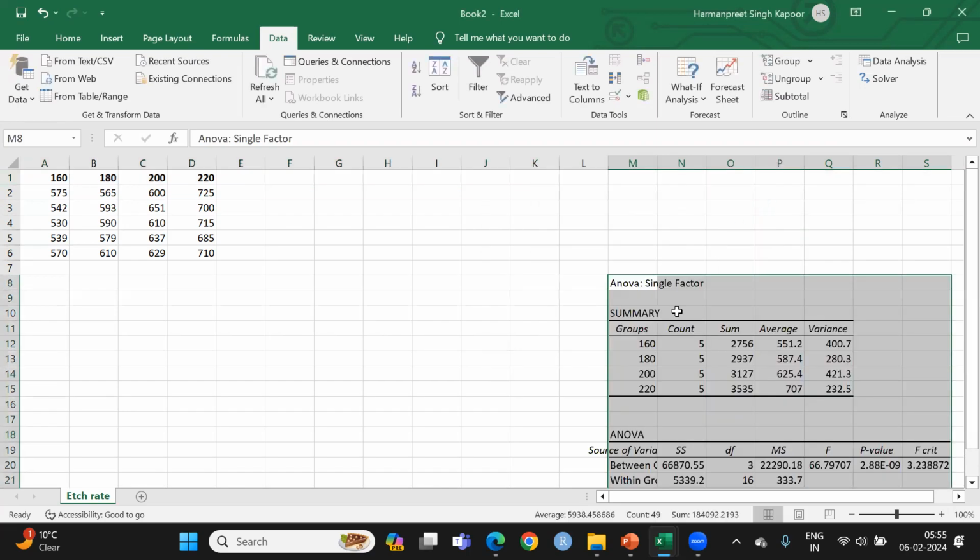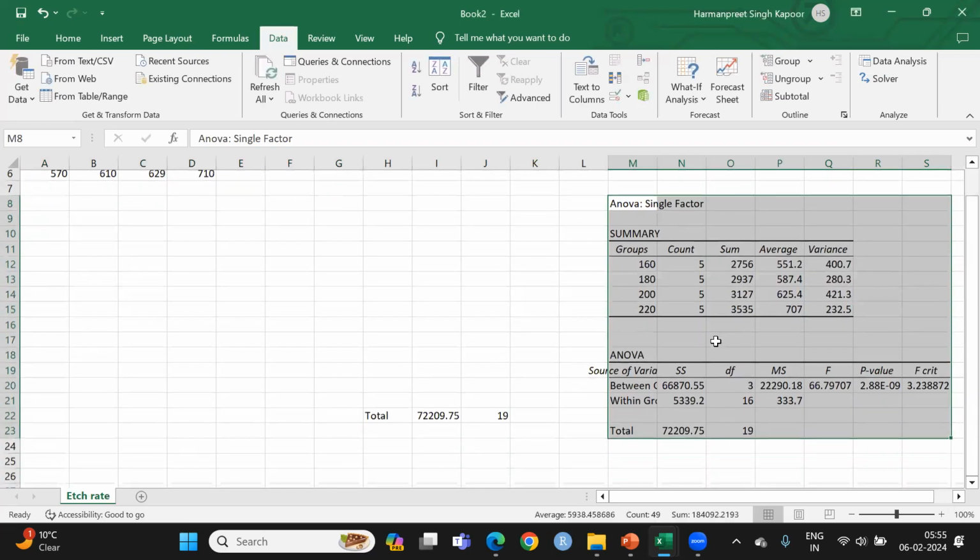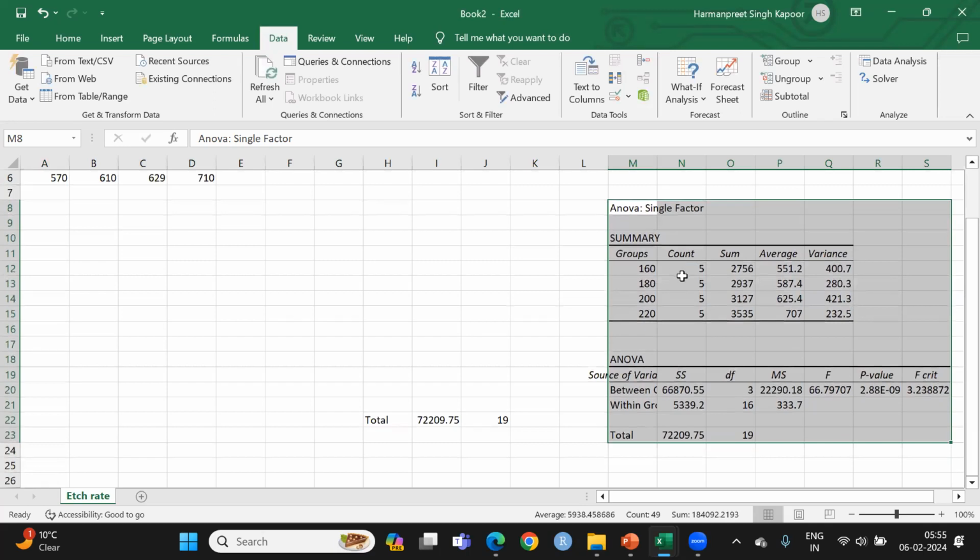Click on OK. We can see that it shows the count, how many observations we have, the sum of those observations, the averages, and the variances.